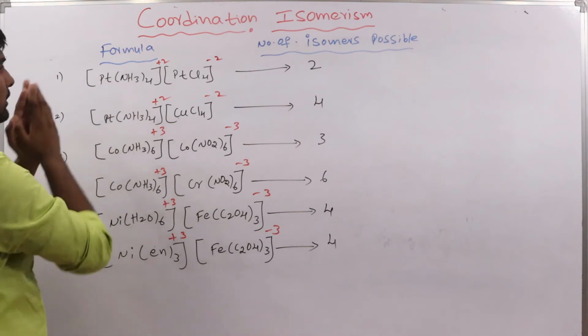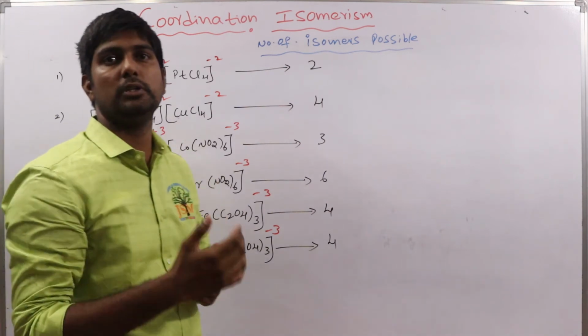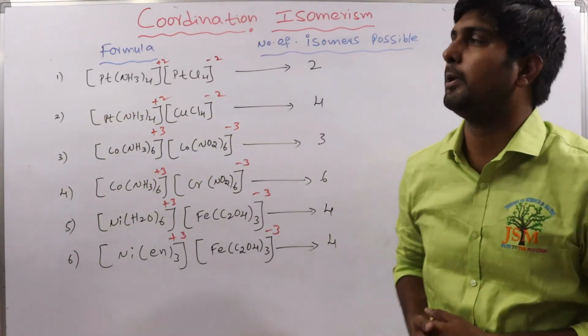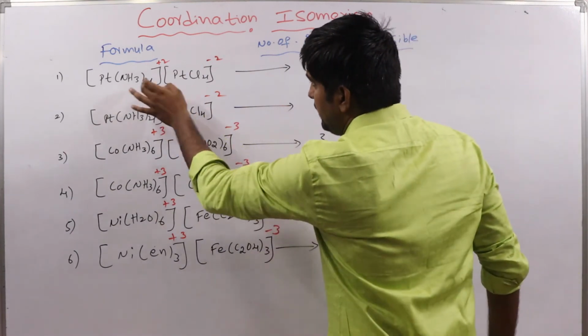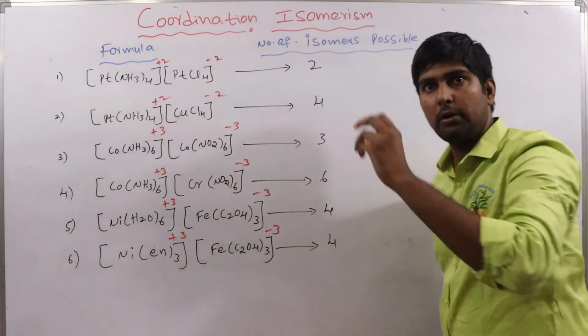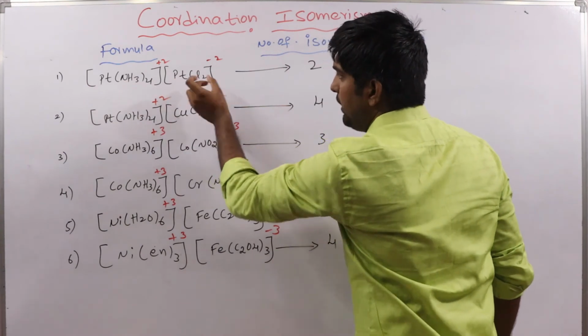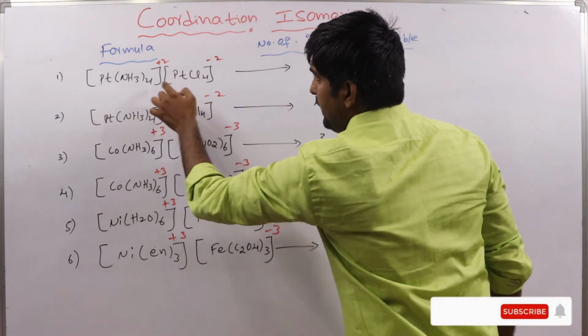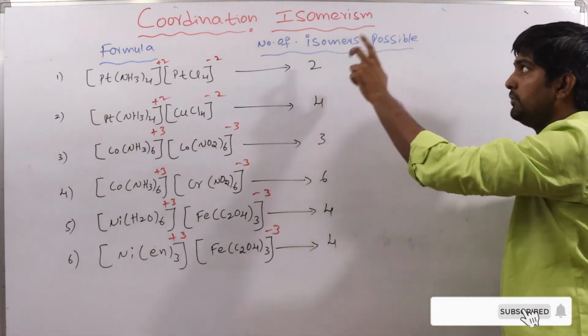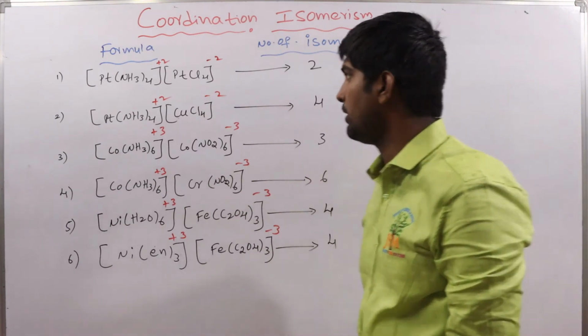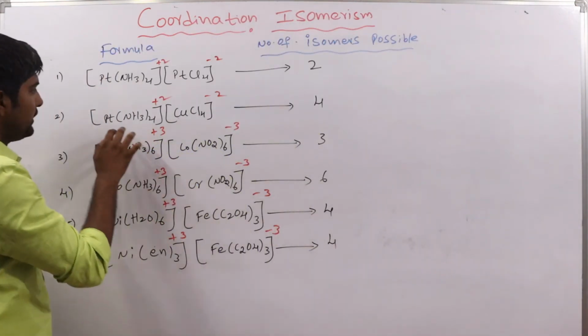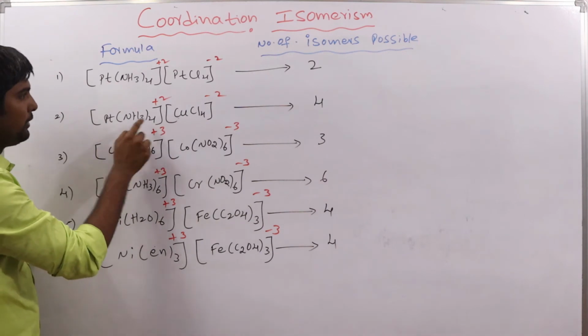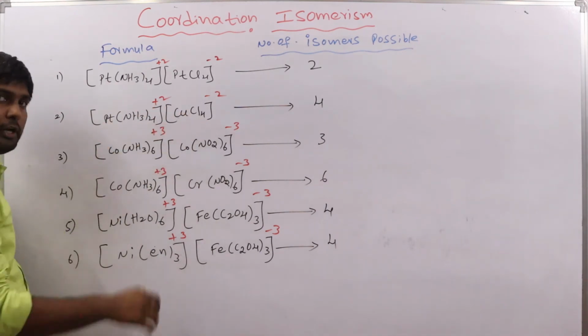Now suppose we have some complex and how many isomers are possible for the given formula. Okay, see here, tetra coordinated, both are tetra coordinated, right? Coordination number 4 and 4, and two metals are same. In that case only two coordination isomers are possible. Okay, next see here, two different metals with both tetra coordinated.